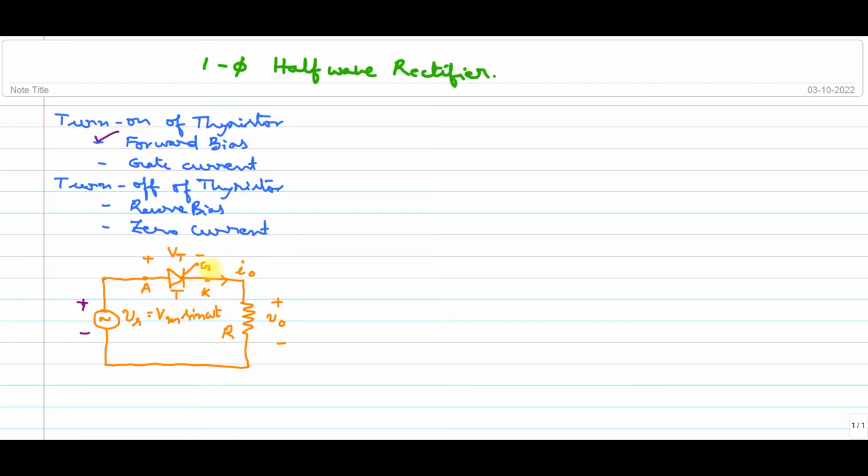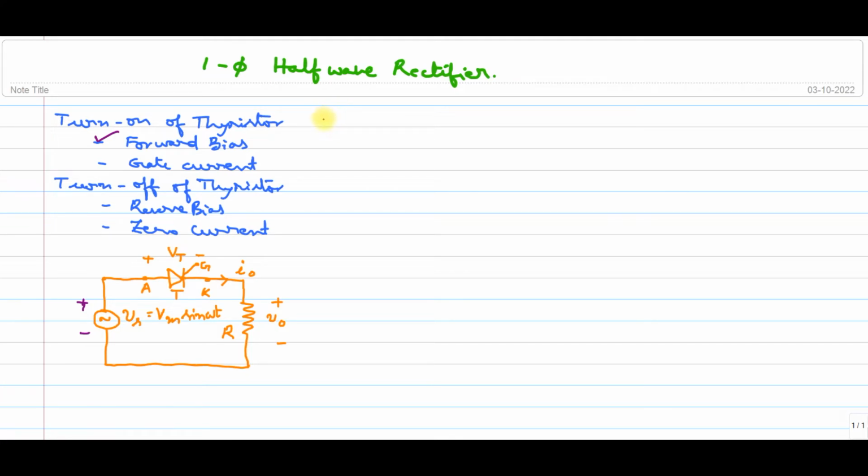But unless you provide the gate current, the thyristor won't turn on. So before giving the firing pulses or the gate current, the thyristor is off, which means it is open circuited. Let me draw the waveform also, and the circuit diagram so that it will be clear.